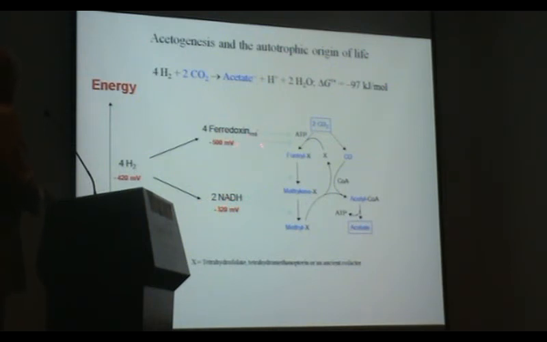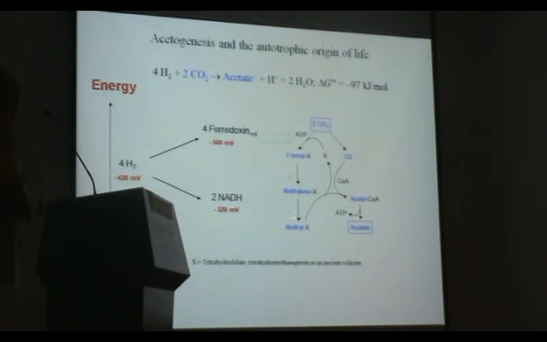And now we have ferredoxin to reduce CO2 to the formate level and to CO. We need 2 ferredoxin, or 4 ferredoxins, 4 electrons, and 2 NADH we need to reduce the formyl state via the methylene state to the methyl state. And then methyl plus CO gives acetate.